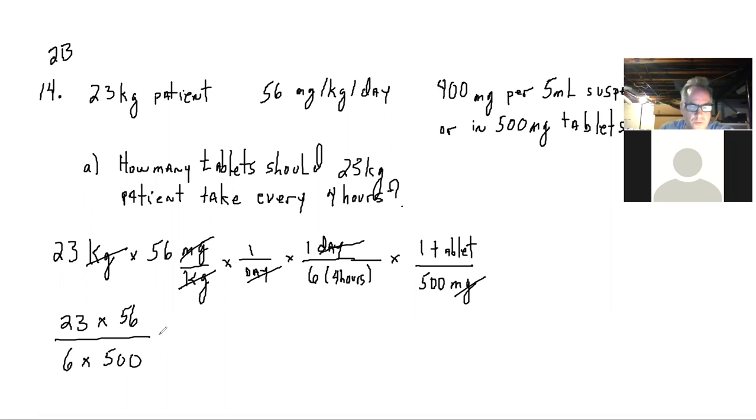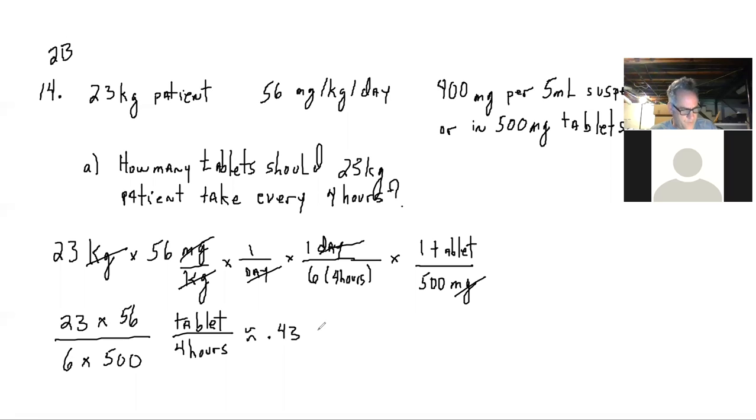Okay. So punching that up on our calculator. Now, the units again that we're left with is tablet per 4 hours. And so that comes out to, rounding to the hundredths place, about 0.43.